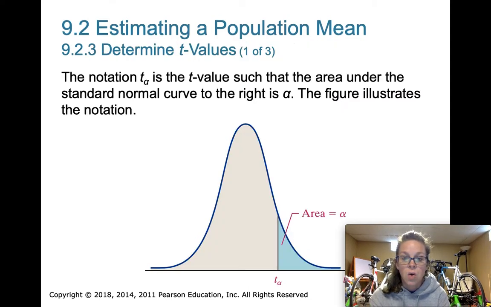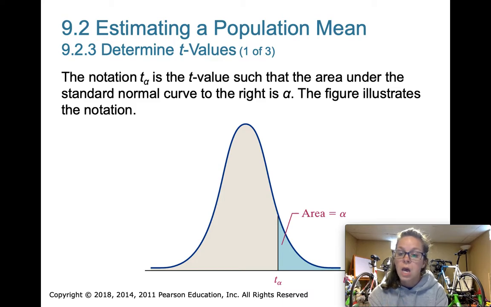All right, so the t-curve, we can use the same way that we use the z-curve, where we're finding the area under one part of this curve. We're going to use StatCrunch to help us find the area under the curve, just as we did with our normal curve as well. With the normal curves, we looked at those z-tables.